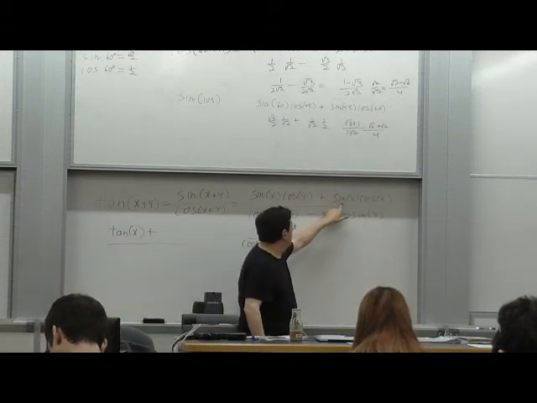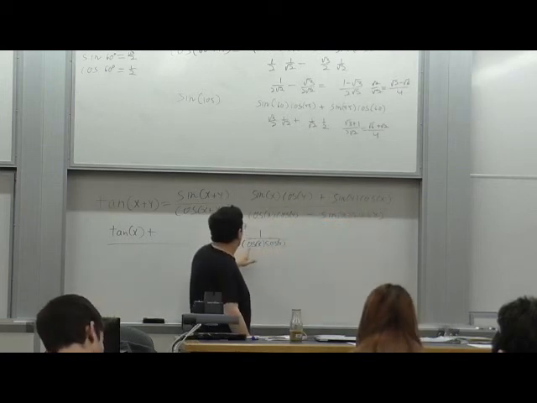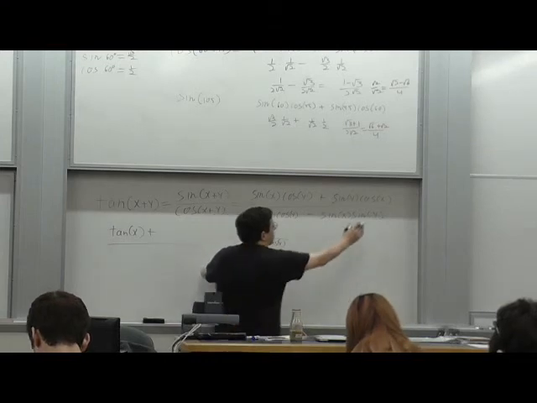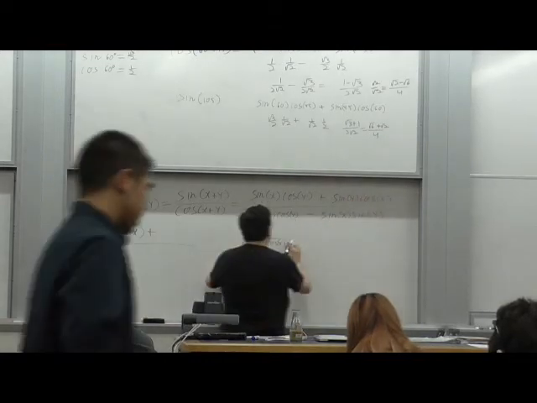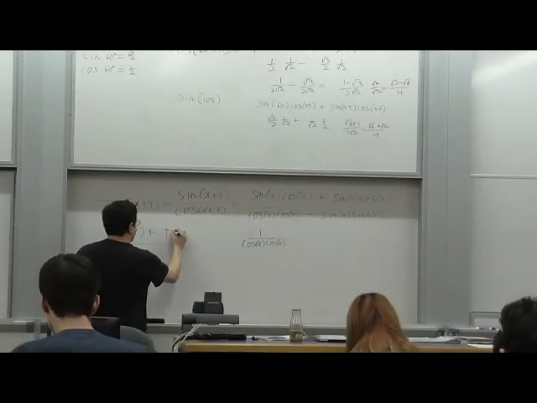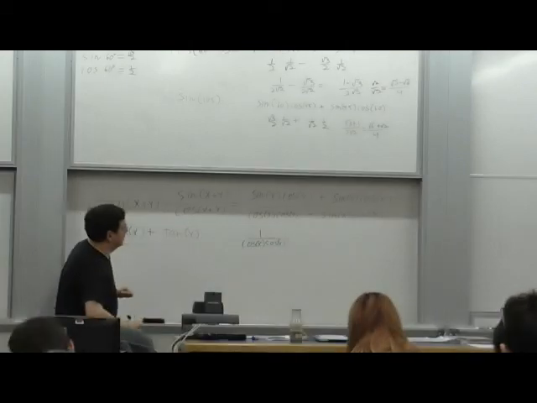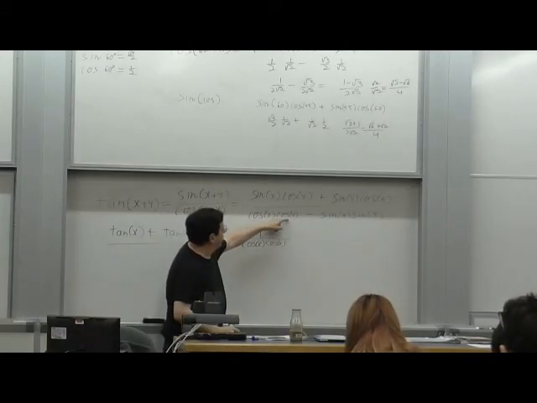Over here, we're going to do the same thing. Sine y cosine x over cosine x cosine y. Well, the cosine x's are going to cancel. Sine y over cosine y, that's tangent y. Oh, this is going well. Cosine x cosine y over cosine x cosine y is 1.